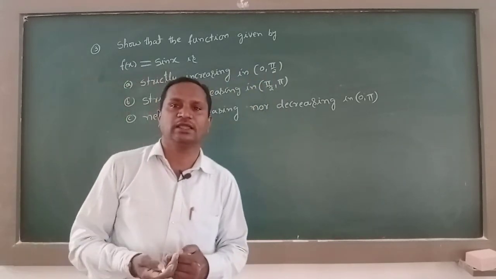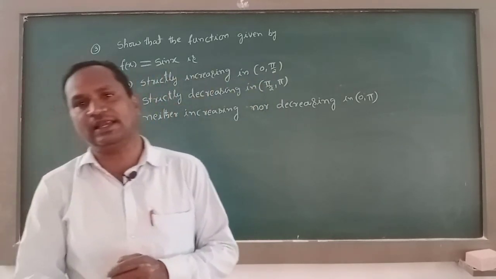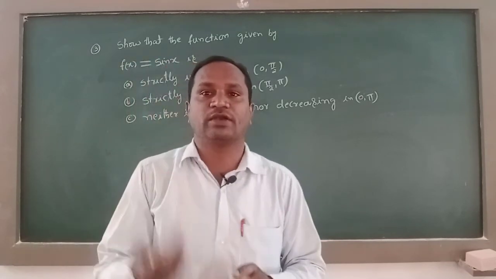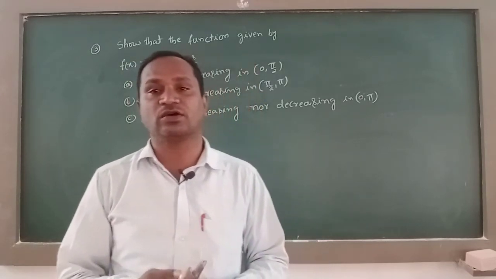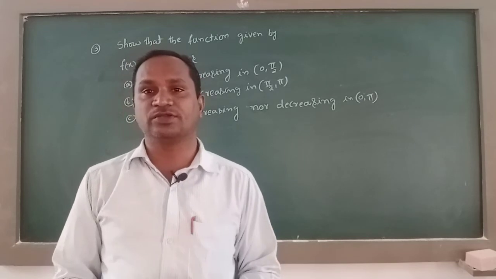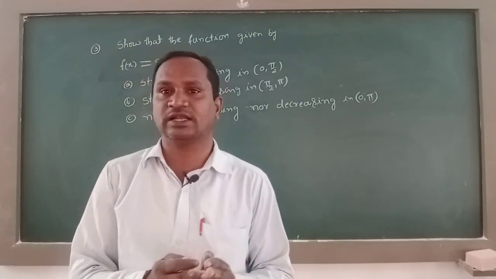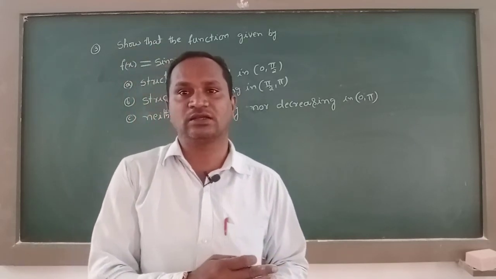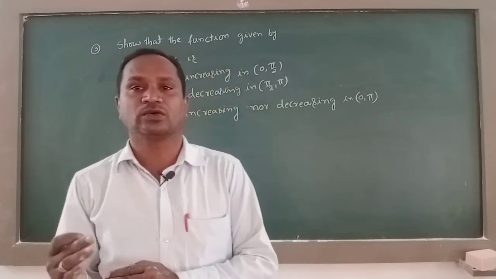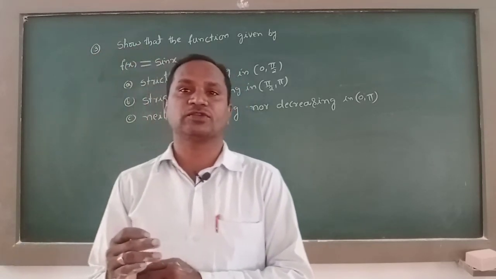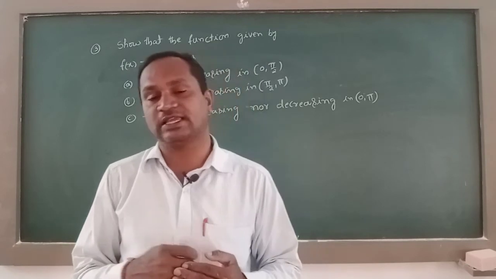Just apply allied angle formulas. Allied angle means in which quadrant the trigonometric functions are positive or negative. In the first quadrant all are positive, in the second quadrant sin and cosecant are positive, in the third tan and cot are positive, in the fourth cos and secant are positive. We have to apply these rules here.